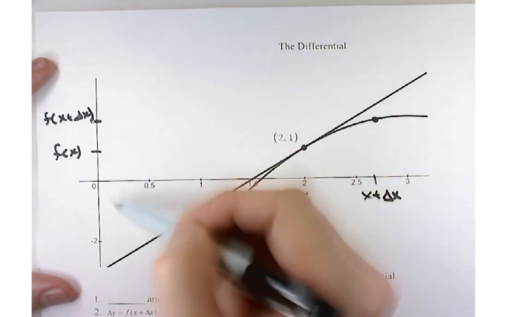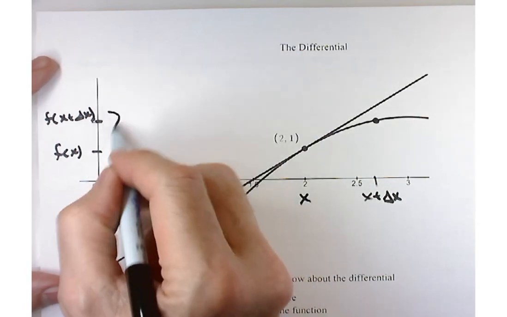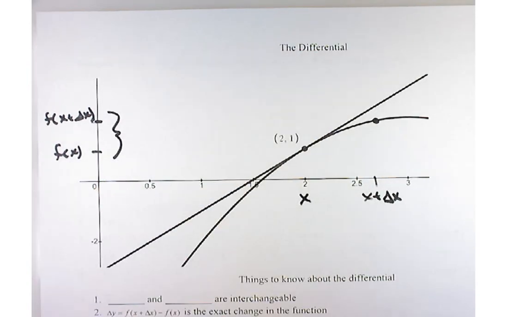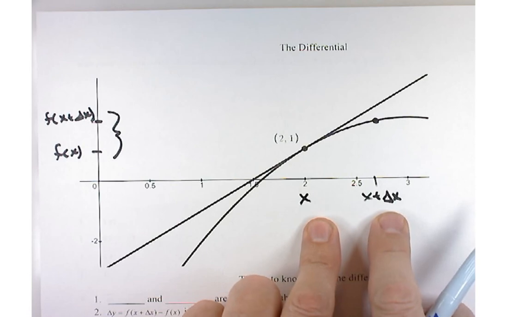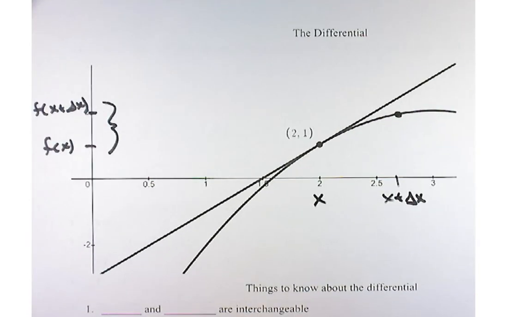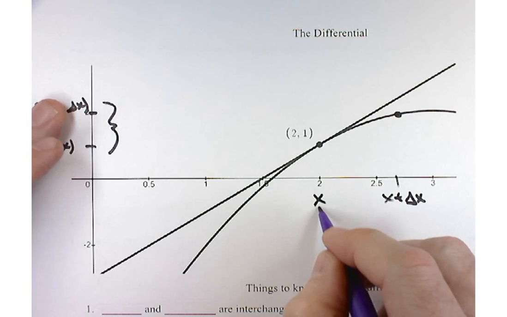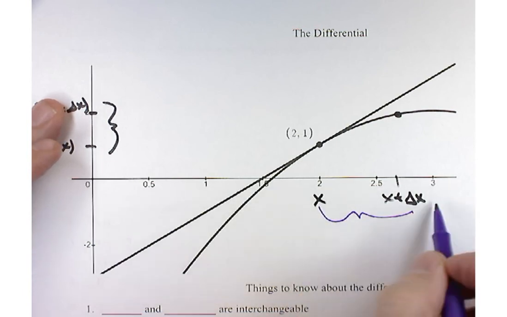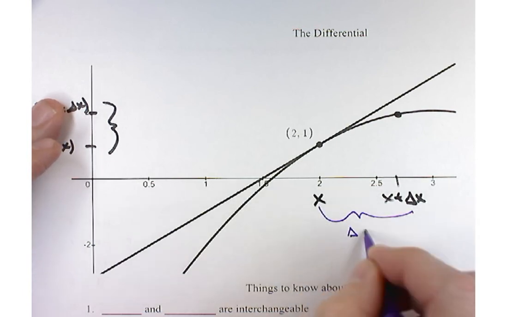Now the difference in that, we're going to call delta y. You may notice that I'm using this delta here. A lot of times I like to use an h, but here's one exception where I'm going to use the delta. Delta means change in. So to go from here to here, that's a distance of delta x.